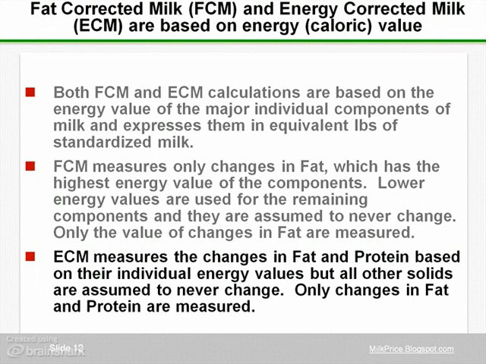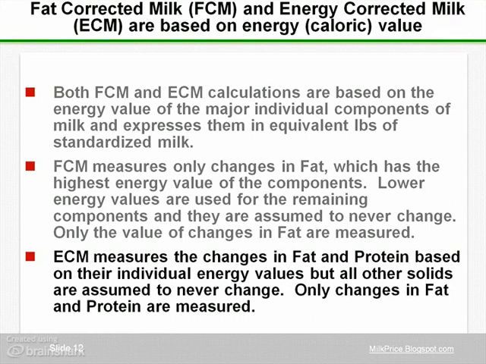Energy-corrected milk measures the changes in fat and protein based on their individual energy values, but other solids are assumed to never change. Only changes in fat and protein are measured. Of course, protein has a much lower caloric value than fat. In fact, it is about half as many calories per pound.